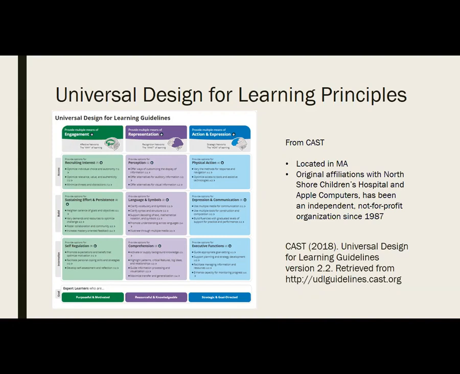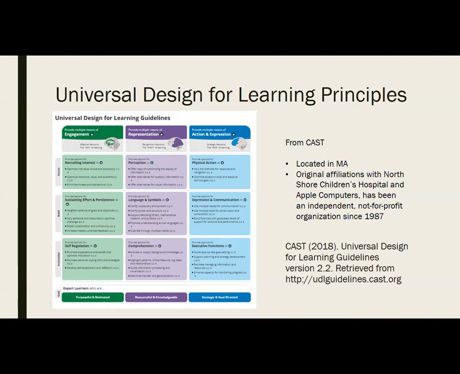So one of it is to ensure that you provide options for perception, provide options for language and symbols, provide options for comprehension. And I think in a lot of ways, just like we rightly said in the previous slide, it should be something that is so diverse so learners can actually engage in different ways of assessing that material and also express themselves the way they want to.